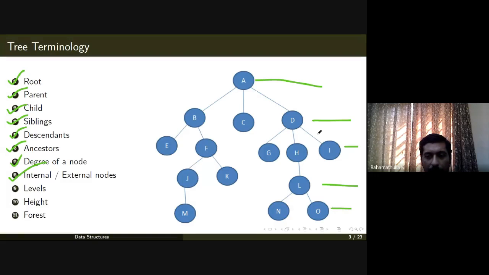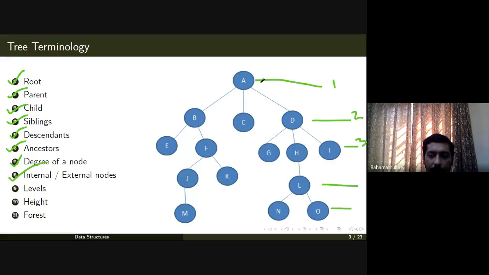You can ask questions like how many nodes can be there in a particular level and so on. So this is level 1, this is level 2, this is level 3, and so on. So this node has 3 children. All those nodes will be at a particular level. The children of all these nodes will be at some particular level, and so on.